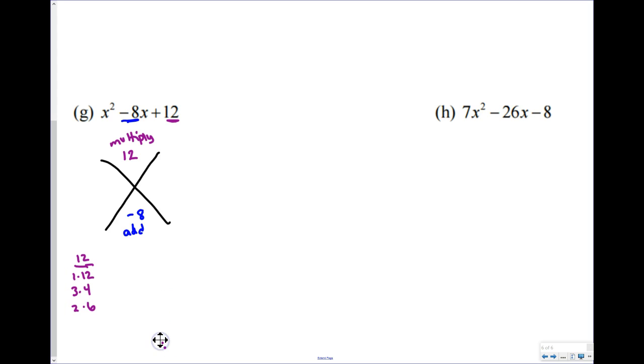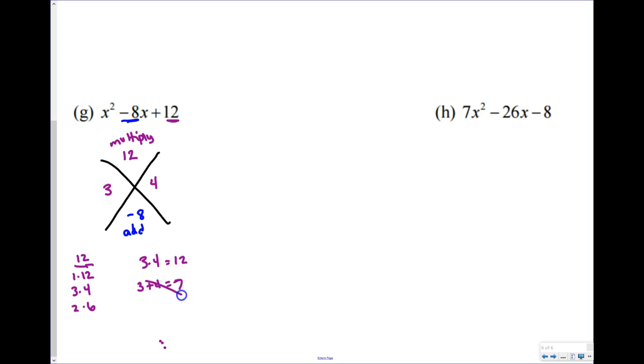So now you have to think a little bit here, because I have a positive 12, but a -8. Now there are two ways to get a positive number by multiplying. Let's say I just guess 3 and 4. I'm guessing right now. It's not actually 3 and 4. What's 3 times 4? 3 times 4 is 12, but what's 3 plus 4? That's 7.